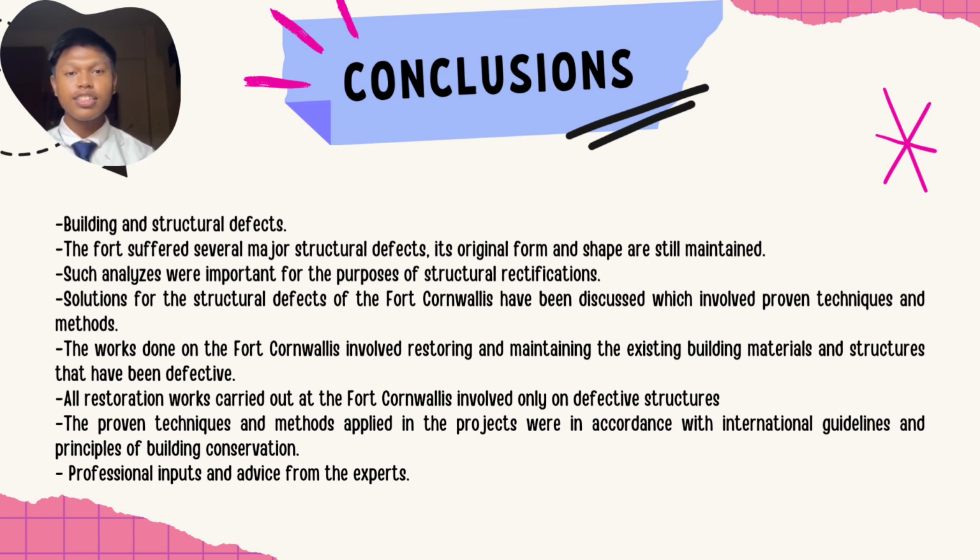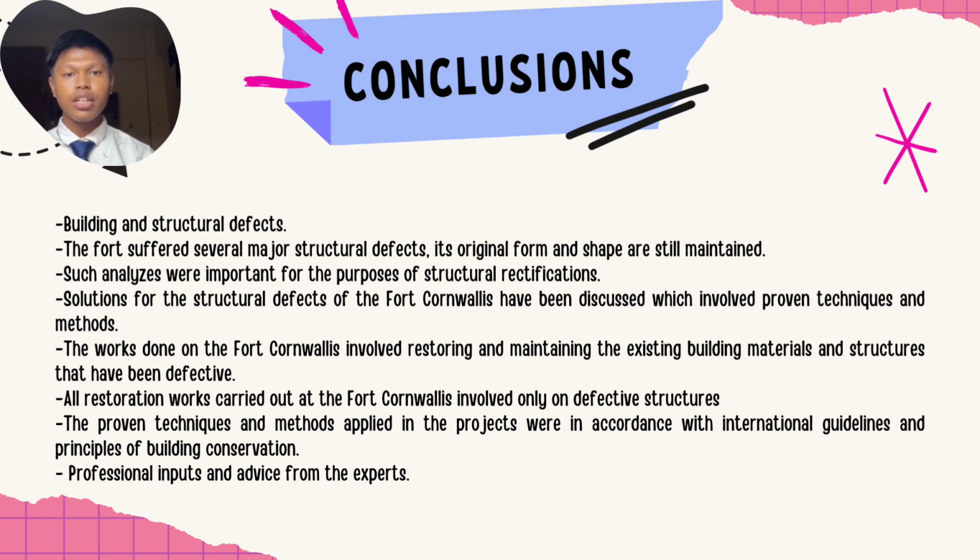All restoration works carried out at the Fort Cornwallis involved only defective structures, with minimum disturbance. The proven techniques and methods applied in the project were in accordance with international guidelines and principles of building conservation.